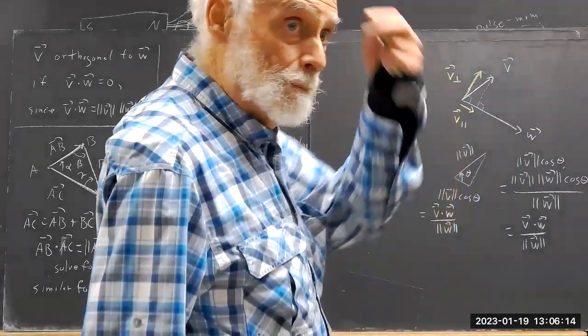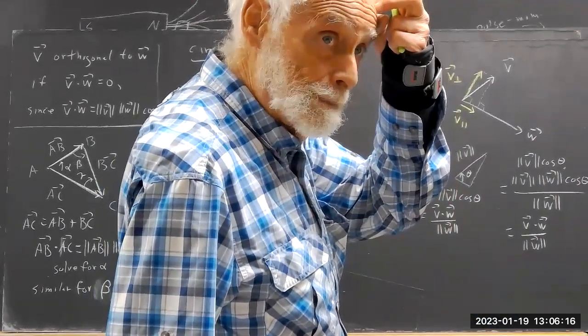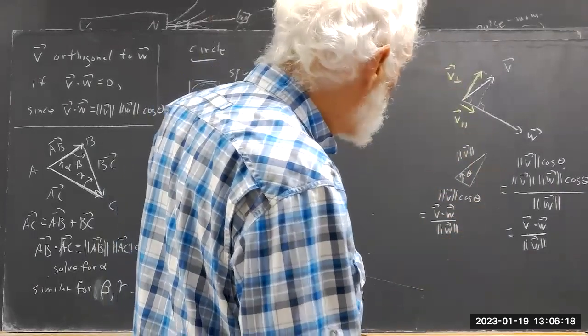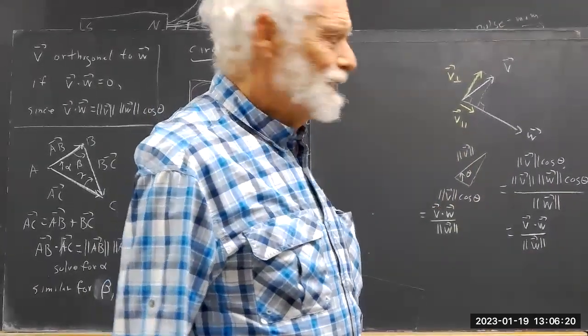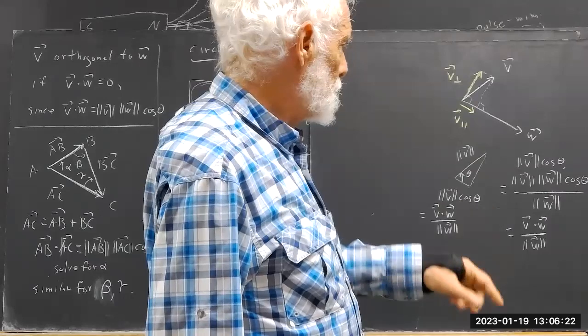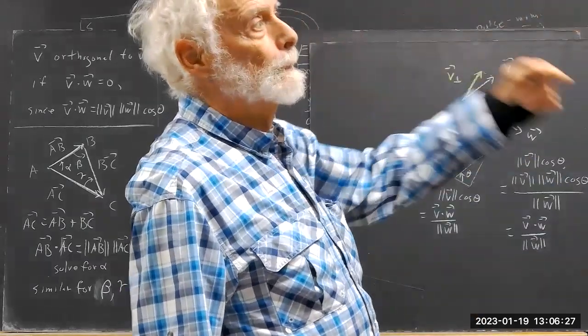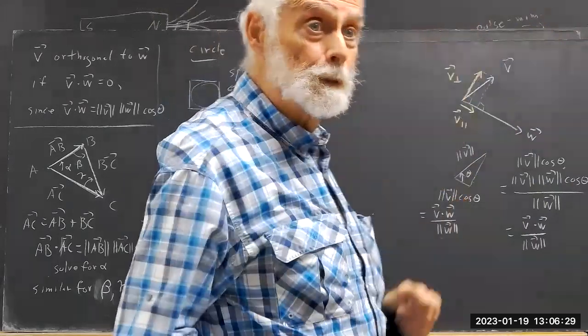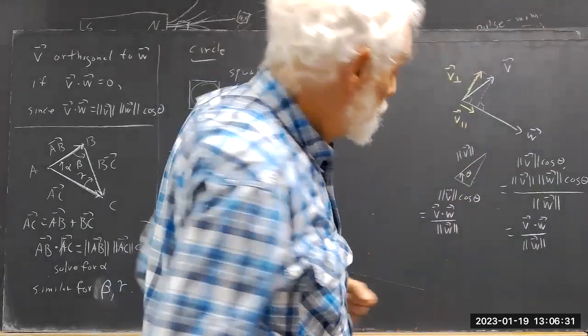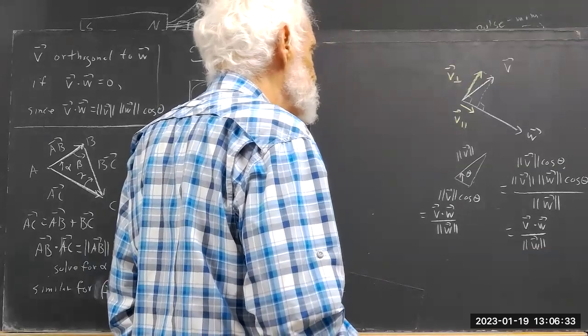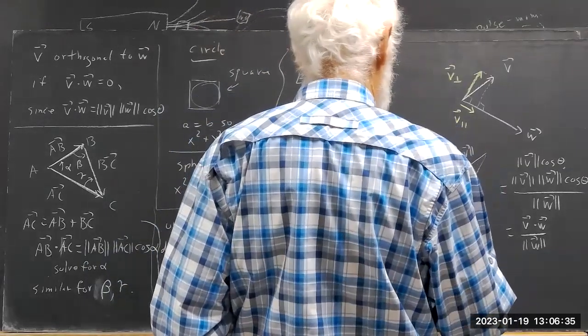Okay. That's the scalar projection. Now, when I say the length of this thing is this, not really necessarily true, because theta might be greater than 90 degrees. If you look at the unit circle, as soon as you get past 90 degrees, that cosine is going to be negative, isn't it? Okay, so we call this the scalar projection.